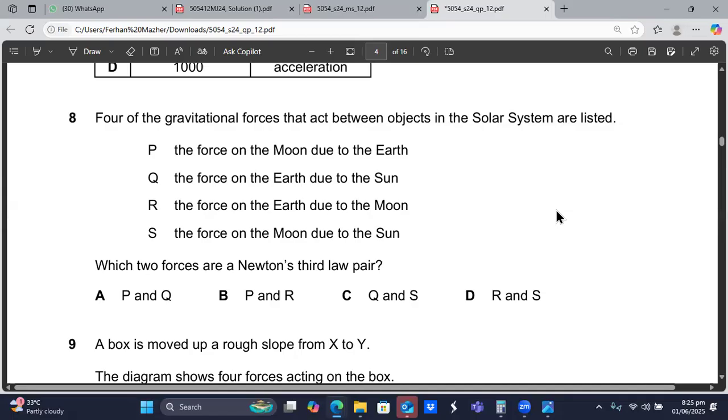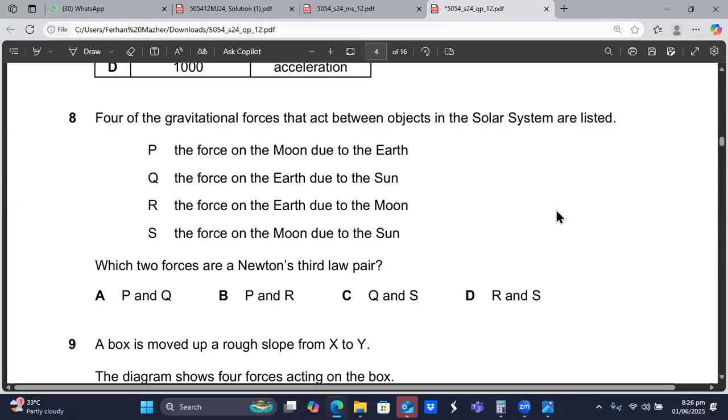B looks the good answer, sir. If you talk about Q and S, the force on the earth due to the sun, now the sun is applying force on the earth, but statement S is the force on the moon due to the sun. So if the sun has applied force on the earth, the earth must apply force on the sun.